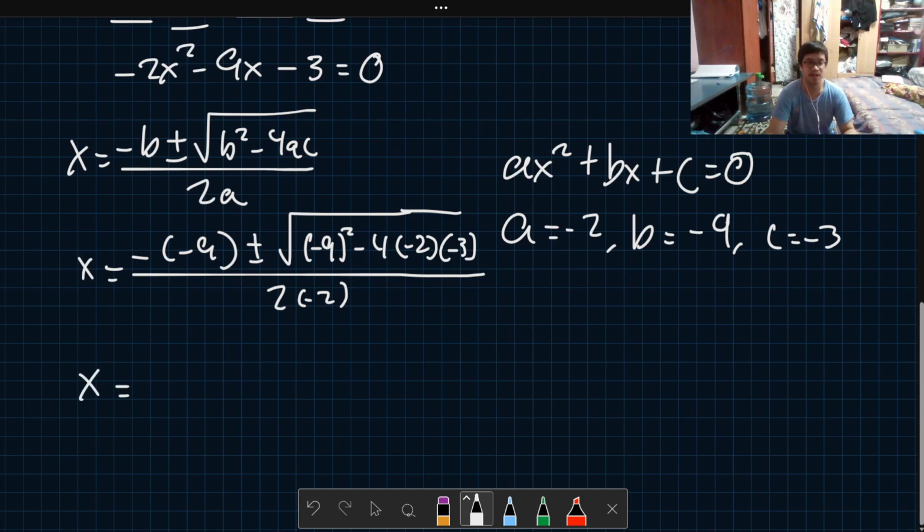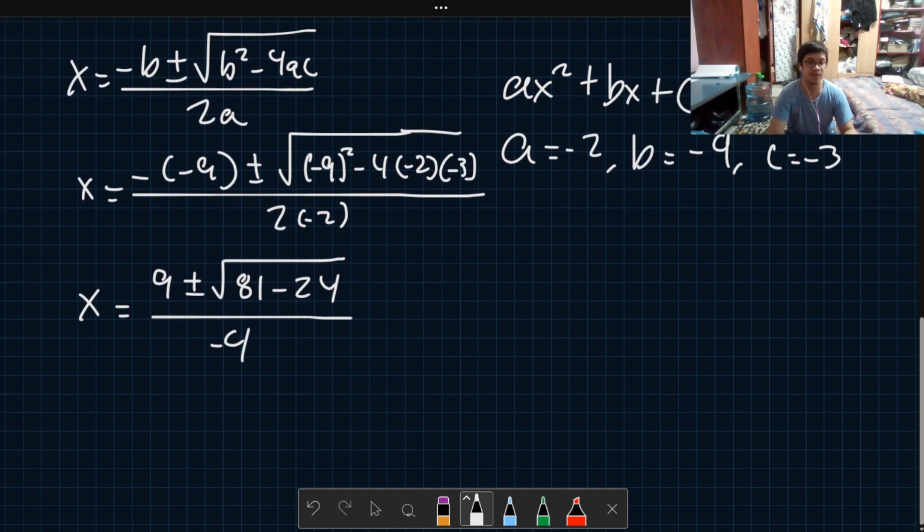Negative 9, that's positive because negative times negative is positive. So 9 plus minus the square root of negative 9 squared is 81, positive. Negative 4 times negative 2 will give you positive 8. And positive 8 times negative 3 will give you negative 24. All over, 2 times negative 2 is simply negative 4.